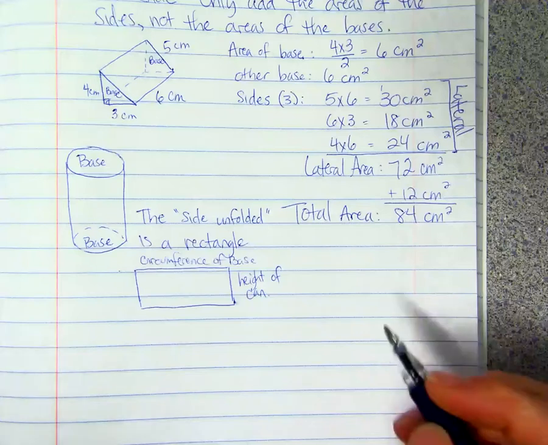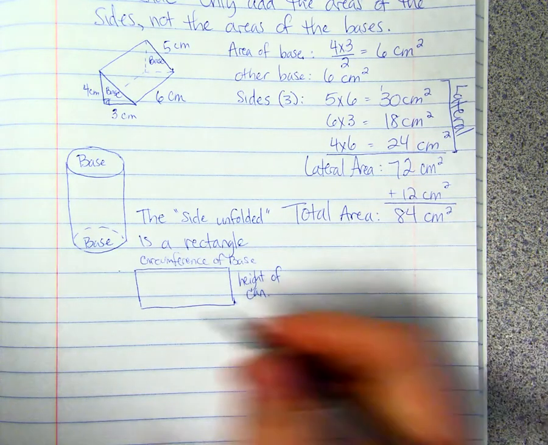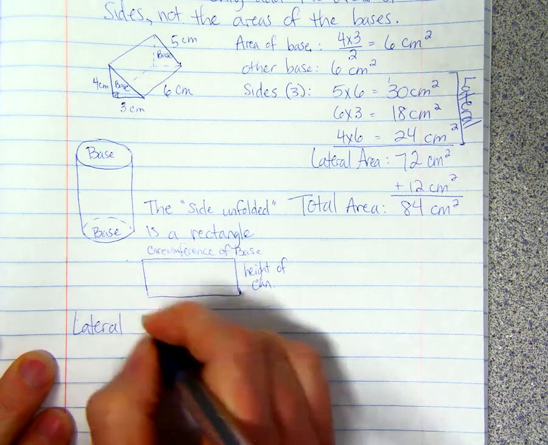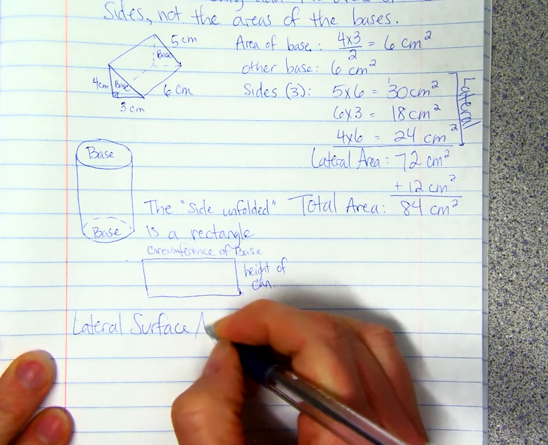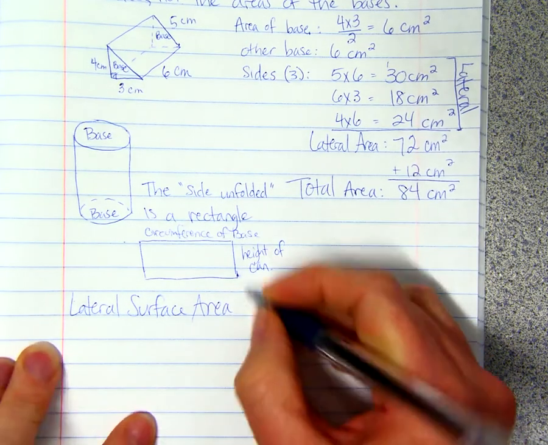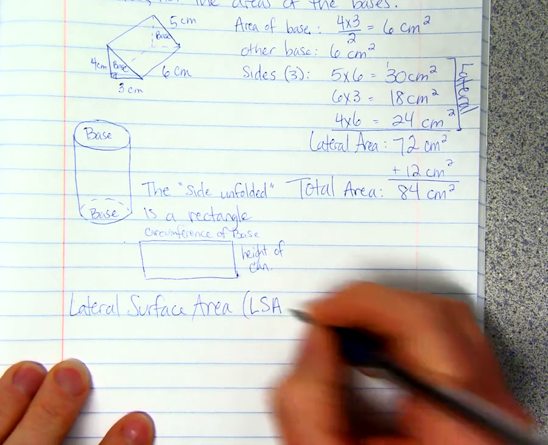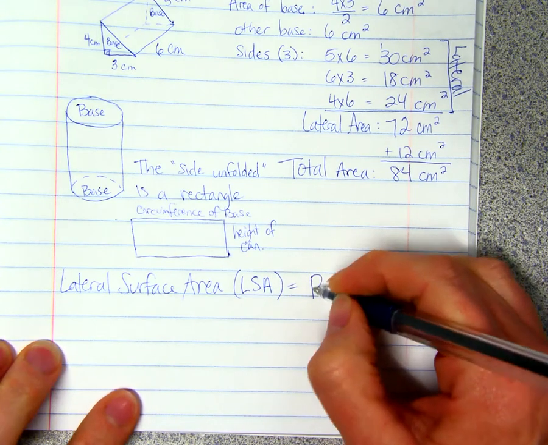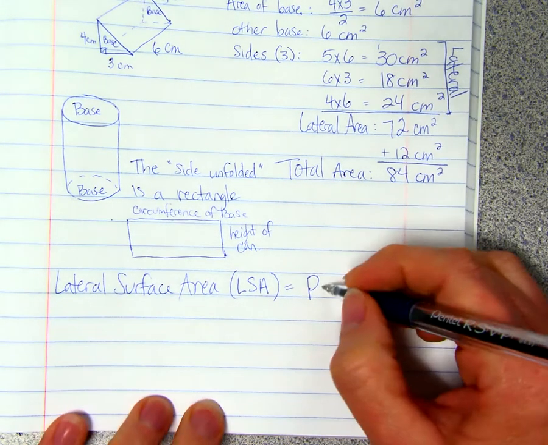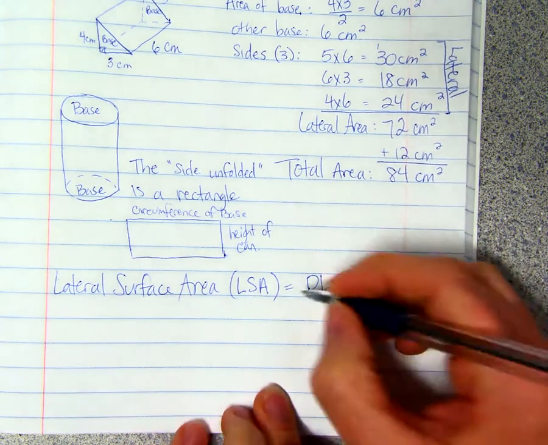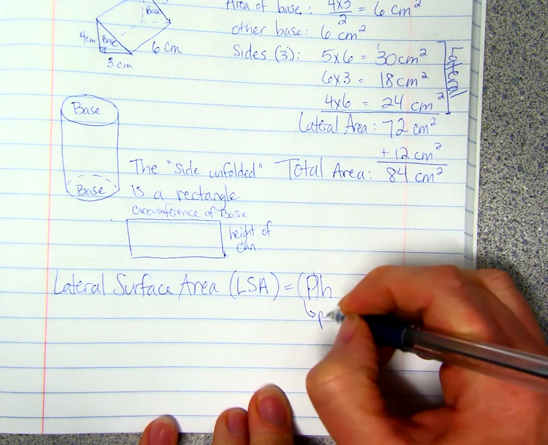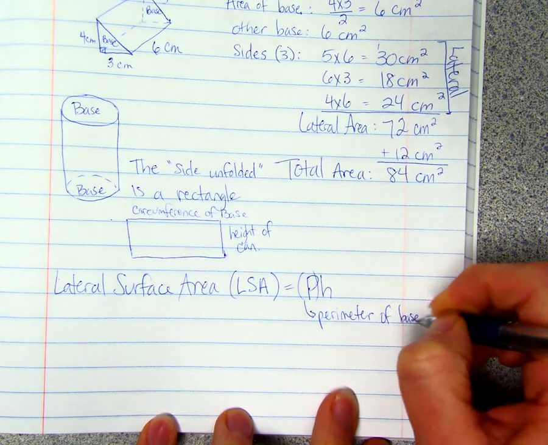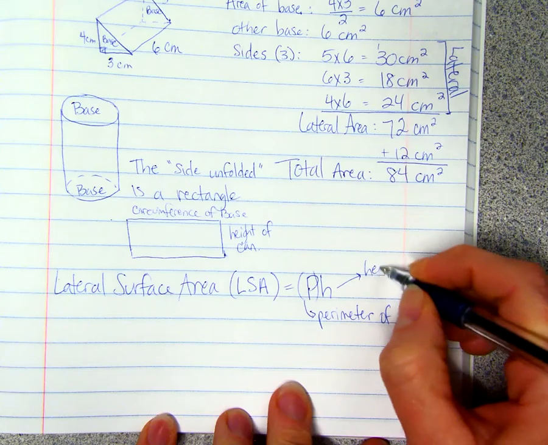So to find the lateral surface area of a cylinder, which we can call LSA for lateral surface area, we do the perimeter, which in this case would be circumference, times the height. So P is perimeter of the base, and H is the height.